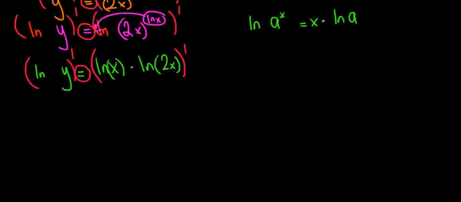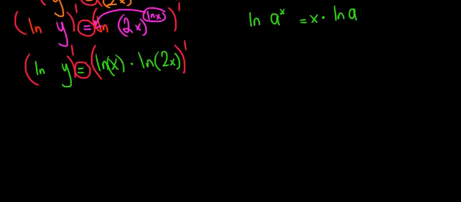So let's keep going. What is the logarithm of y derivative? Remember that y is a function of x, so we have a chain rule over here. We will differentiate ln y, which gives us 1 over y. So we have 1 over y, but then y is a function of x, so we have to take the derivative of y with respect to x as well.